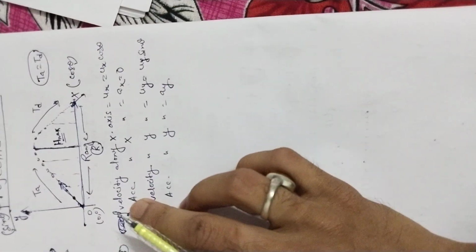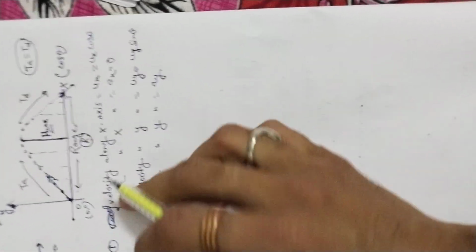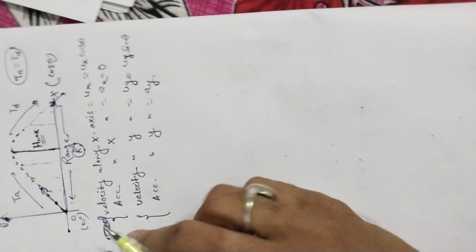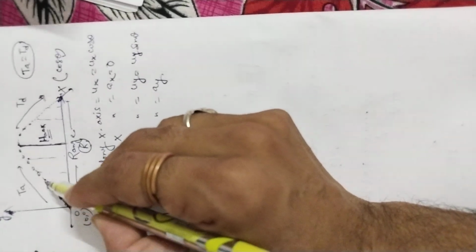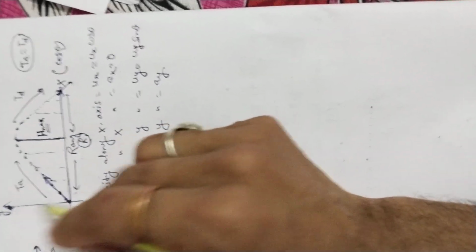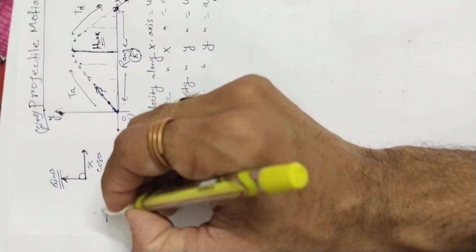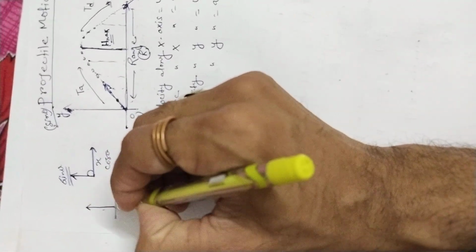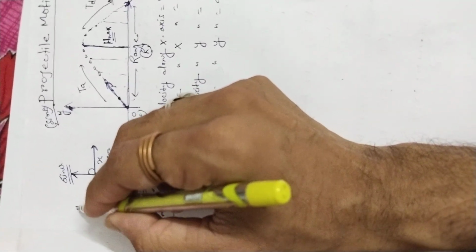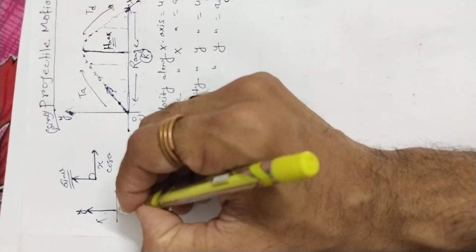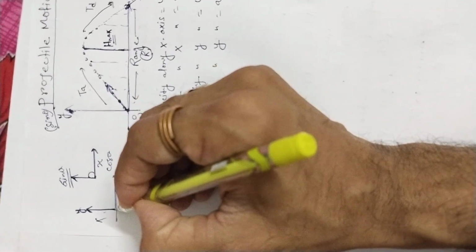But sir, why is it 0? Because there is no force along the x-axis. I can throw the particle along the x-axis, but I don't throw it vertically.